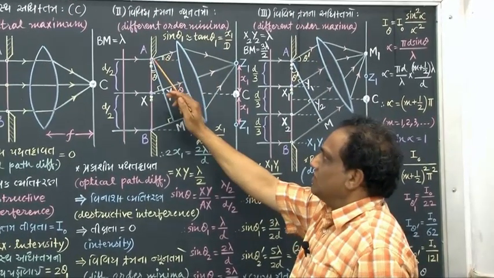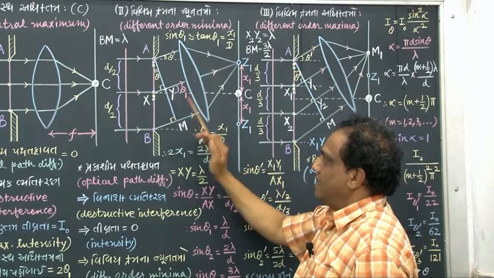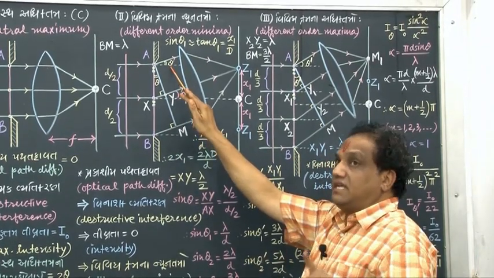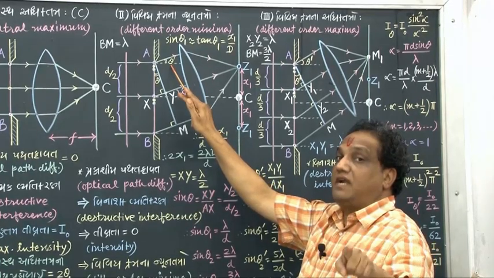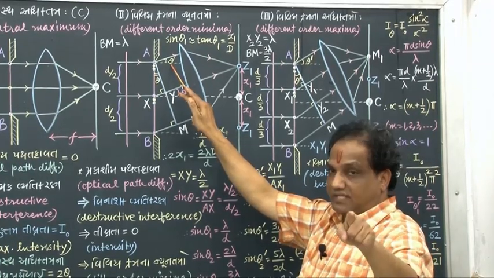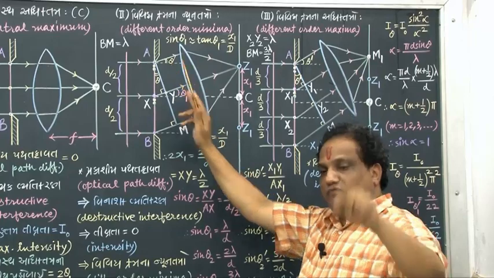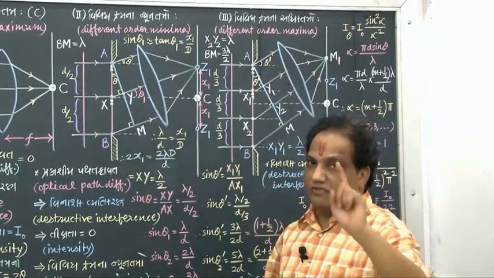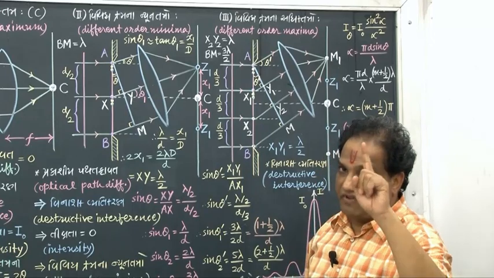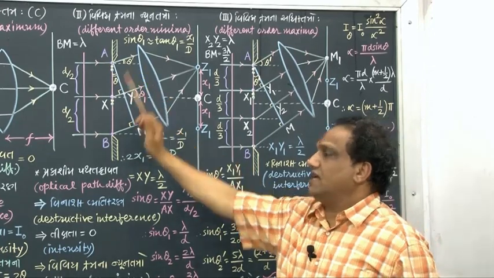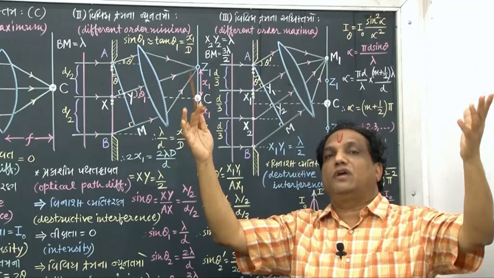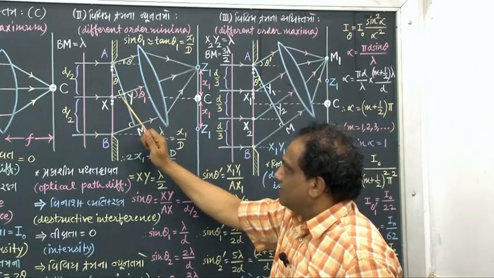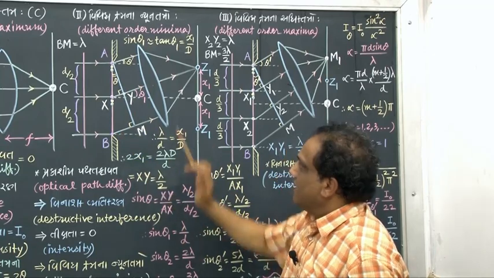So this is the group of light rays which are bent by angle theta, and if this angle theta is less, we say amount of bending is less, diffraction is less. If value of theta is more, we say amount of bending is more. Because theta gives you measure of amount of diffraction, we call this theta as angle of diffraction. What do we call it? Angle of diffraction.